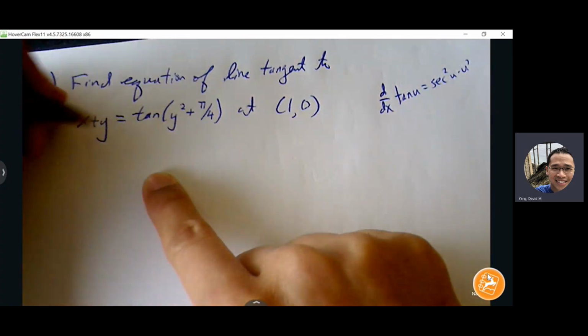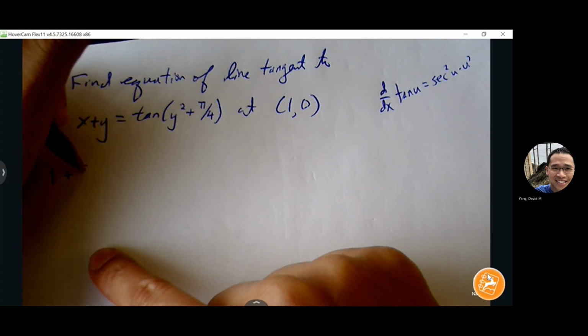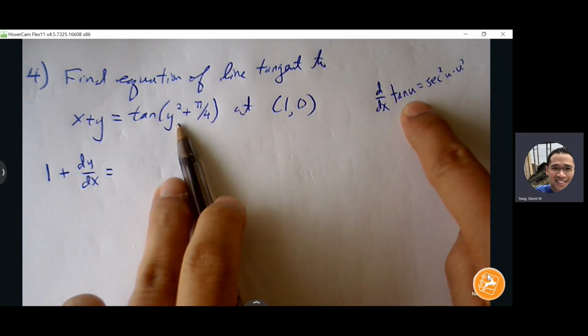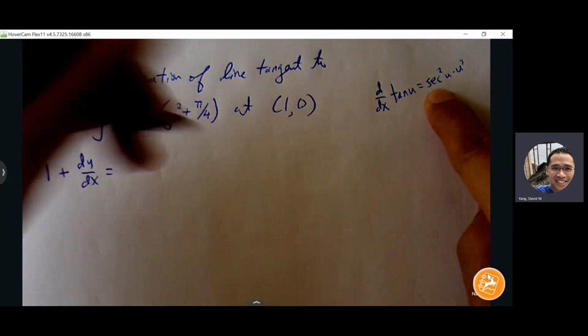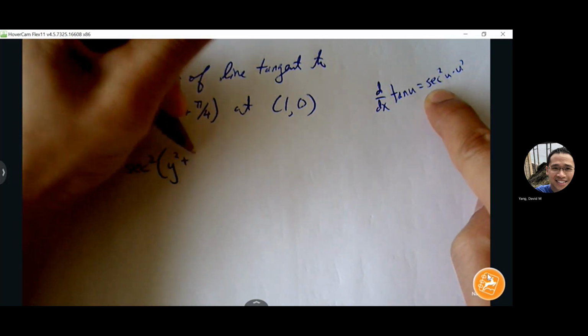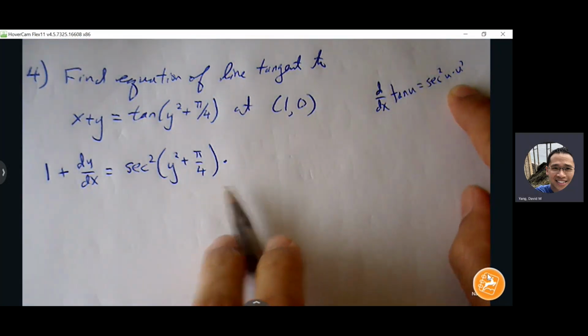Okay, so x plus y, x becomes 1, y becomes d by dx. Okay, so tangent of u becomes secant squared of u times u prime.